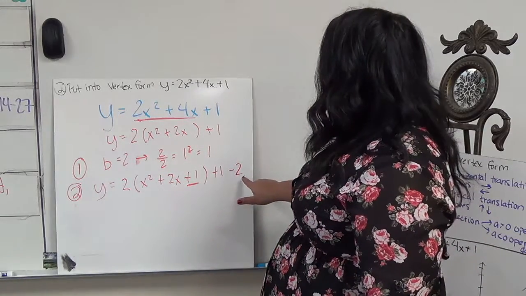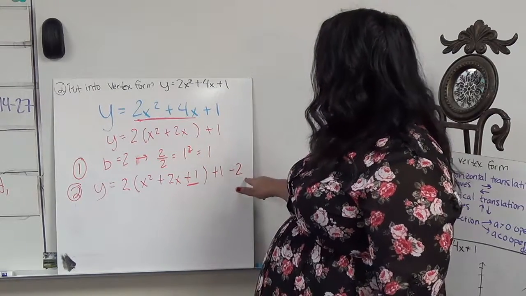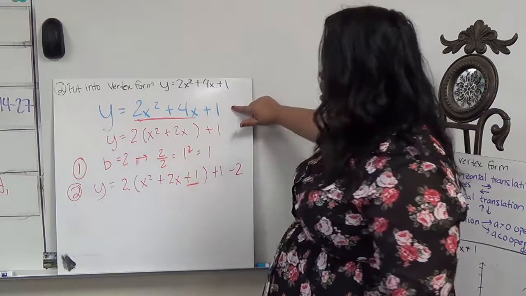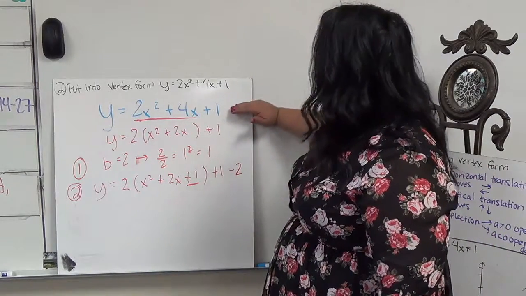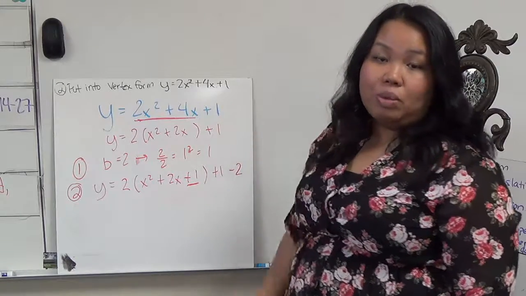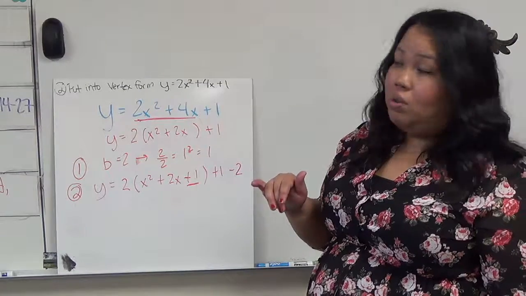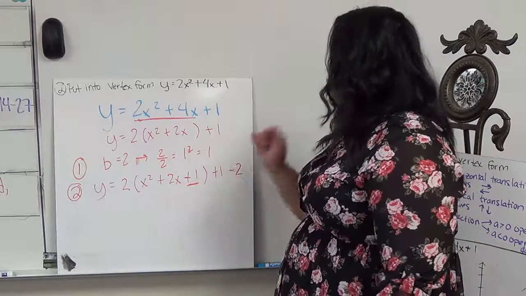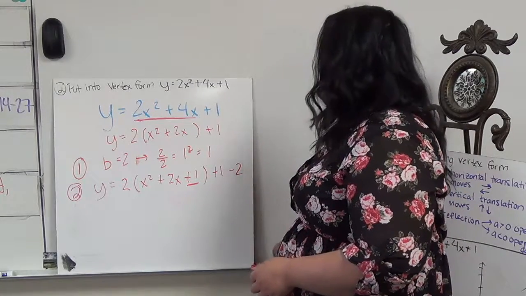So because of that, what I need to do is minus 2, because when I multiply this out, I still need to get this original function. So if I multiply this out and combine like terms, I still need to get this original function. That's how I know I've kept it balanced. So if ever you're not sure, just multiply it back out if you think you did something wrong. But because I subtract 2 and this multiplies, they'll end up canceling out and I'll have my original. So it's all about keeping the equation balanced.